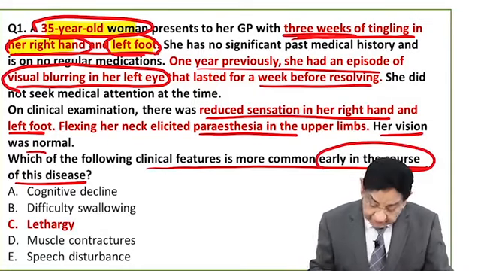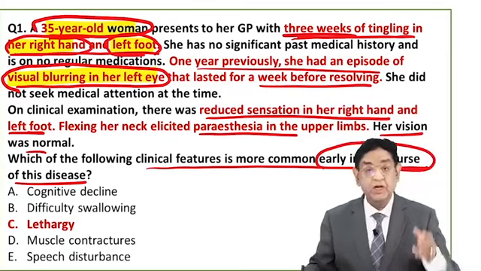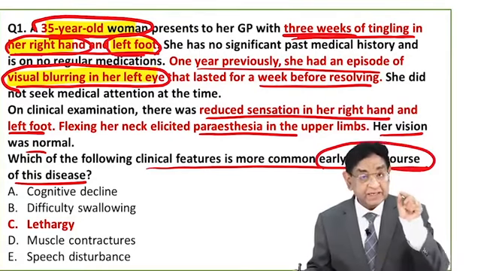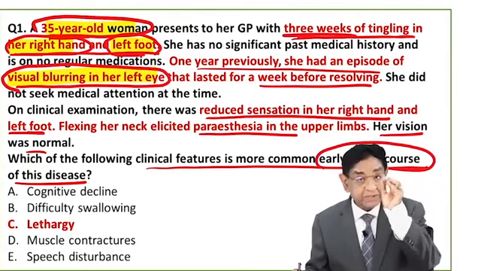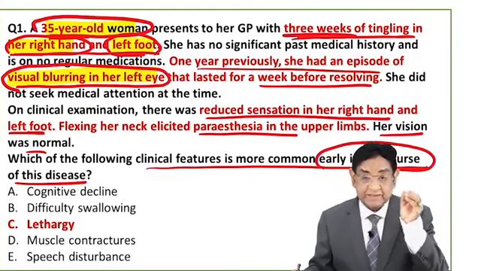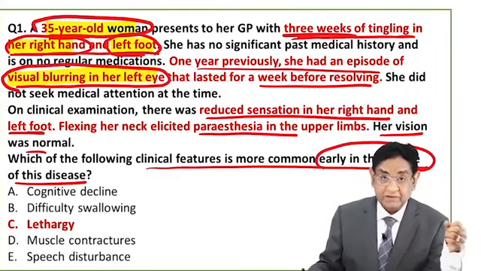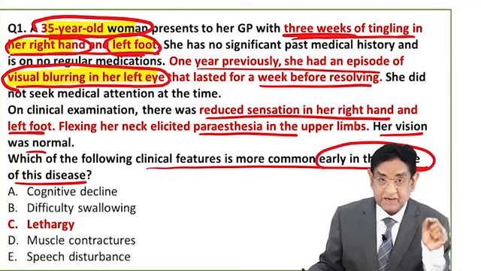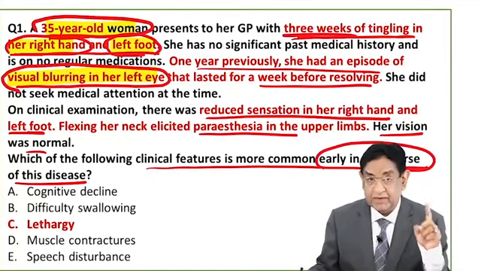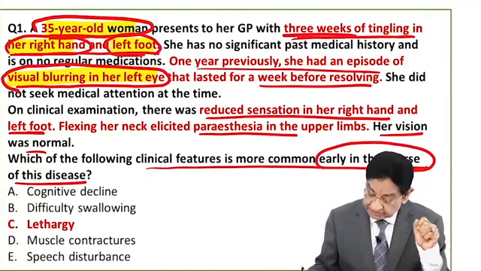And she had one episode long back. This is a time problem. So there is a spacing in time and spacing in the place, right? And this is the classical feature that goes in favor of multiple sclerosis, right?